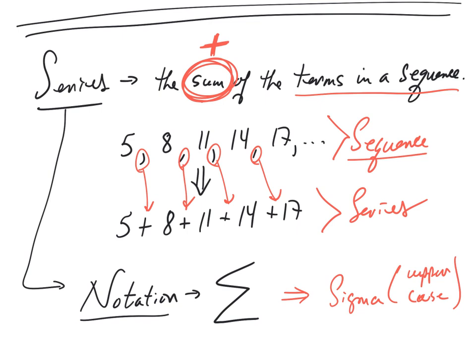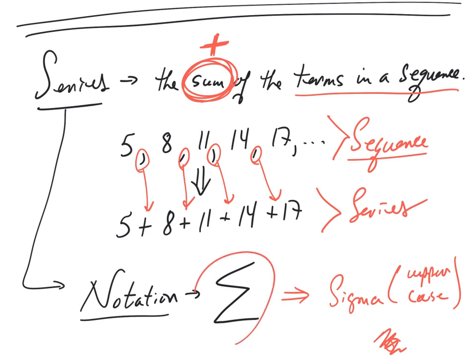The lowercase sigma, remember that was the O with the little hat on it. That was our symbol that we use for standard deviation. Okay, but now what we're going to do is we're going to use the uppercase capital sigma, and it's kind of this crazy looking E. All right, but that's the symbol that we use in advanced mathematics to indicate a series.